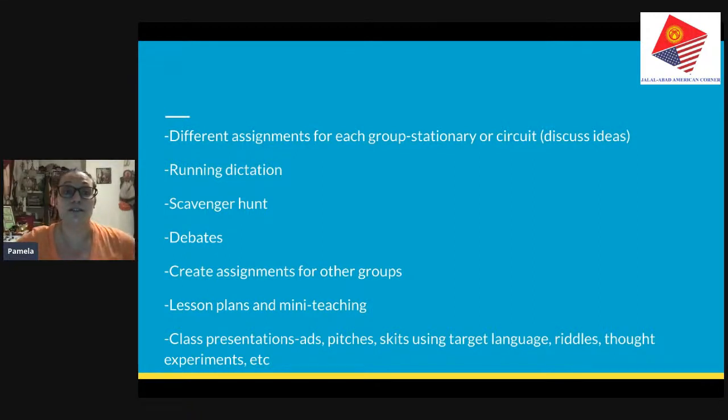Running dictation is a fun one. You have a story, a paragraph, a poem, something that is out in the hall, and the students are inside, and you have one person who is just the writer. The rest of the group alternates by running outside, reading a sentence from the story, then coming back in and telling the sentence to the writer, who has to write it down.